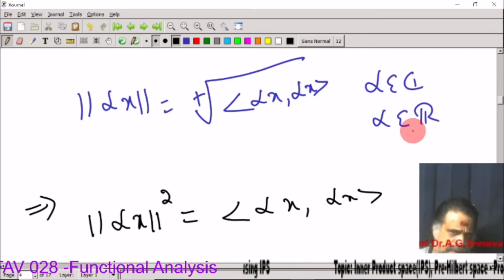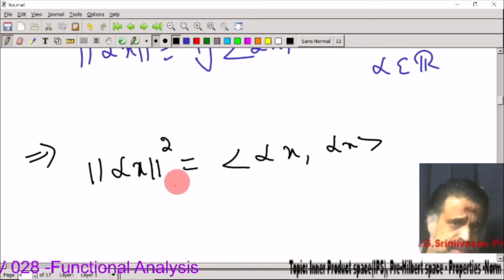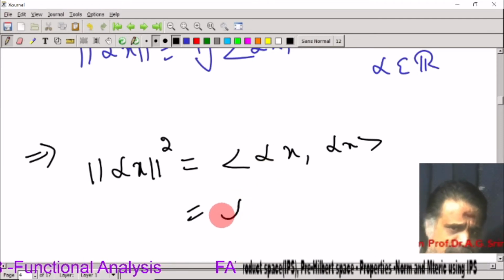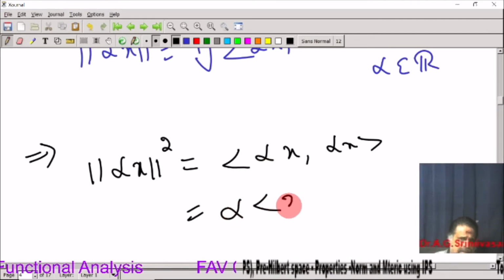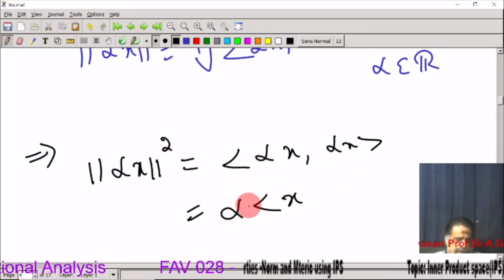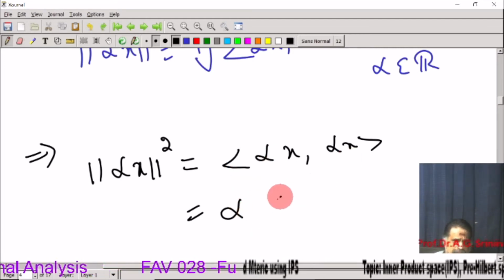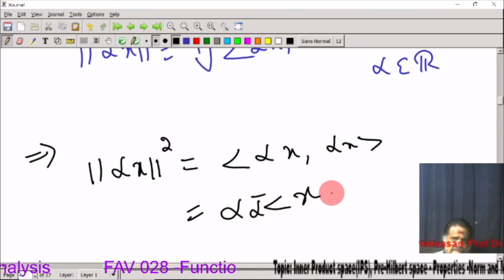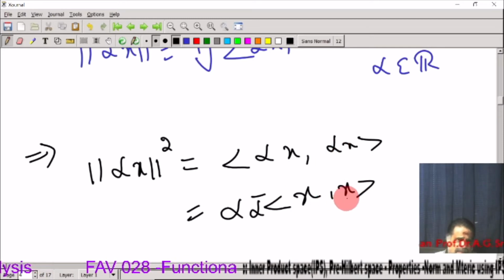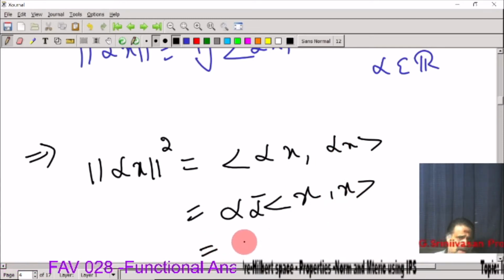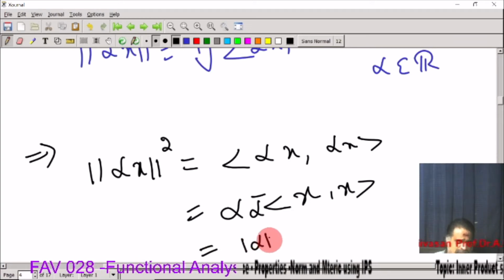That is not important. But what is interesting is that we can pull alpha out of the first component, so inner product of x and alpha x, times alpha. When I remove it from the second component, alpha becomes alpha bar, which gives alpha bar. And if alpha is a complex number, alpha into alpha bar is modulus alpha square.